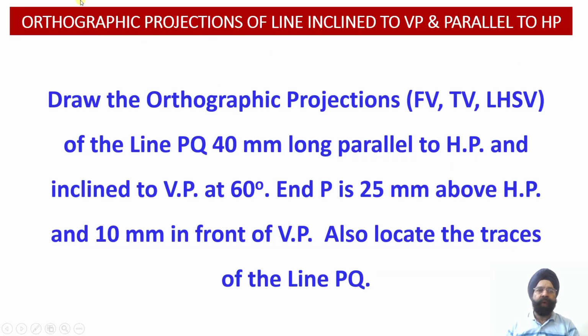Now here we are required to evaluate the orthographic projections of a straight line which happens to be inclined to the vertical plane and parallel to the horizontal plane. Since this line is parallel to the horizontal plane, its projection onto the horizontal plane, that is the top view projection, will provide us with the true length projection of this line in the top view.